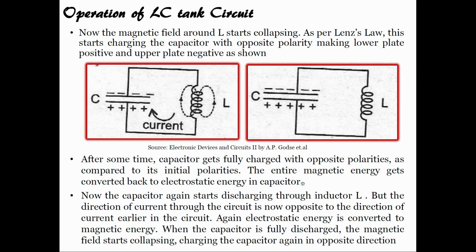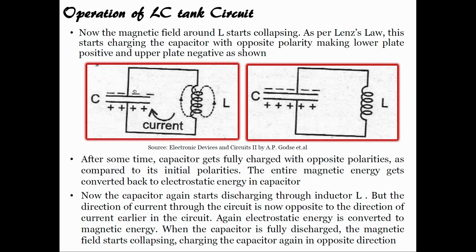Now, when the magnetic field around L starts collapsing, as per Lenz's law, it charges the capacitor with the opposite polarity, making the lower plate more positive and the upper plate negative.